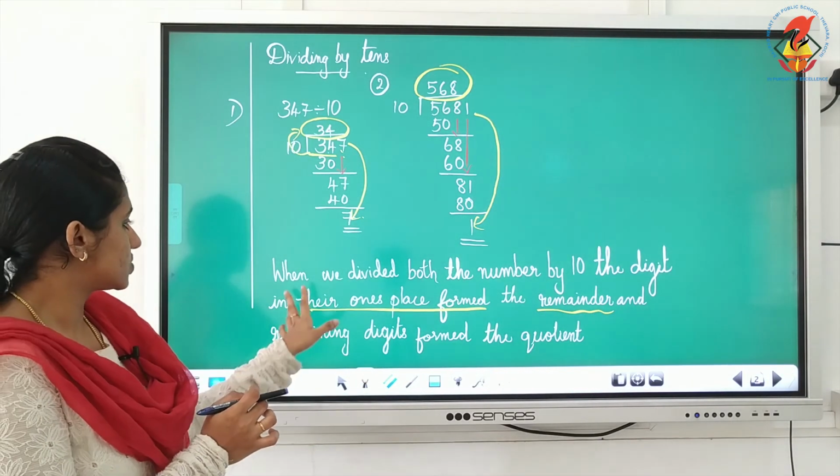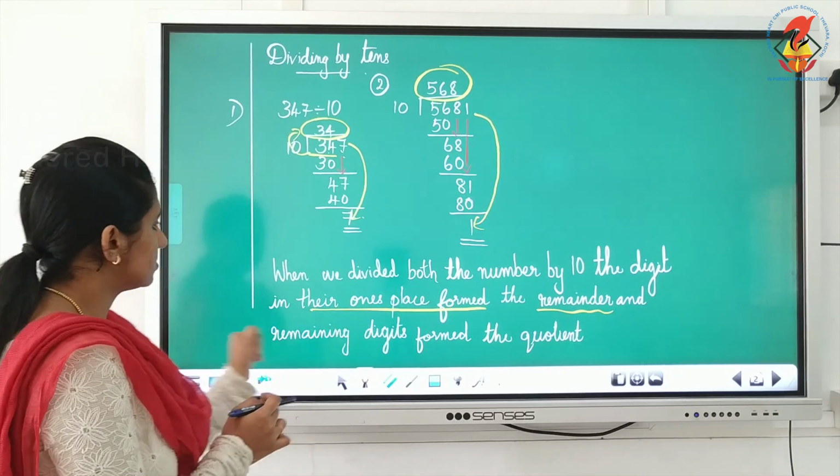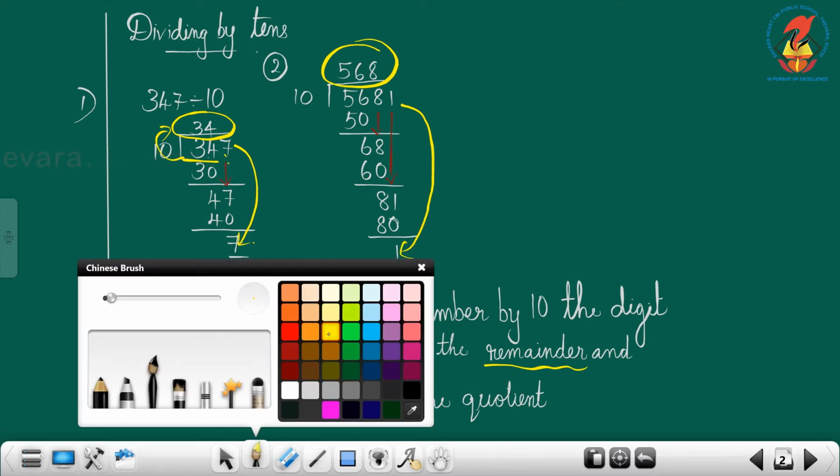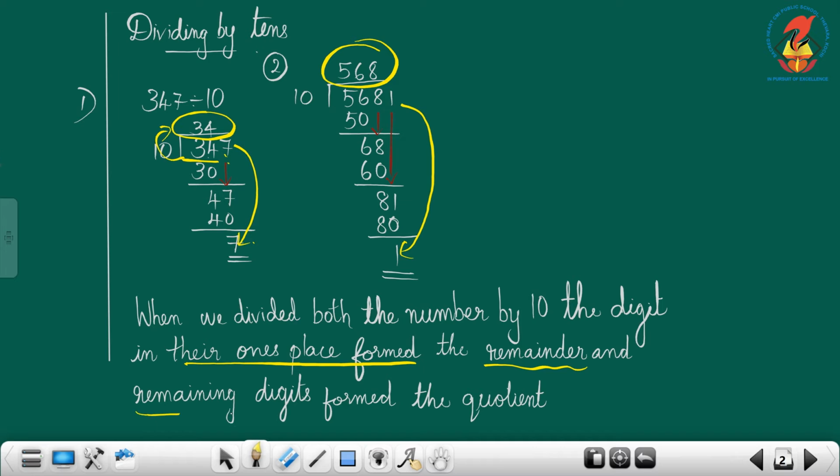Clear? This is a very important point. When we divide both the numbers by 10, the digit in their ones place forms the remainder and the remaining digits form the quotient. Clear?